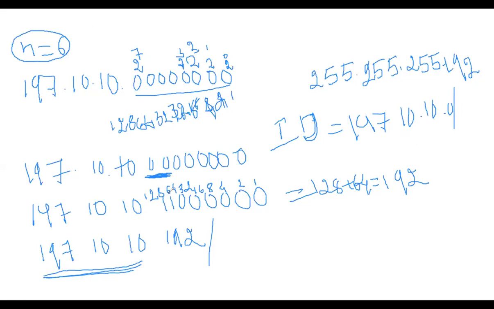You have to make it plus 2, because you have given these two as network. So it becomes 26. The subnet ID for this is 197.10.10.0/26. This is subnet ID 1.